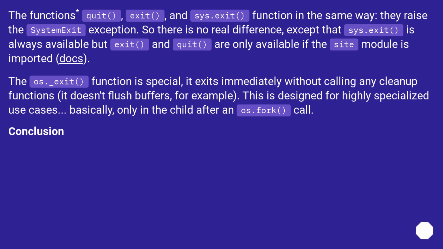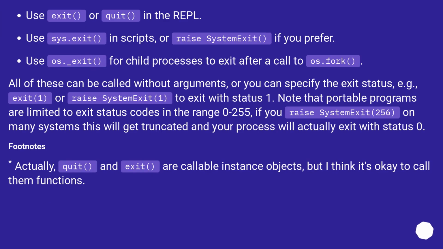Conclusion. Use exit or quit in the REPL. Use sys.exit in scripts, or raise SystemExit if you prefer. Use os._exit for child processes to exit after a call to os.fork. All of these can be called without arguments, or you can specify the exit status, for example, exit(1) or raise SystemExit(1) to exit with status 1.